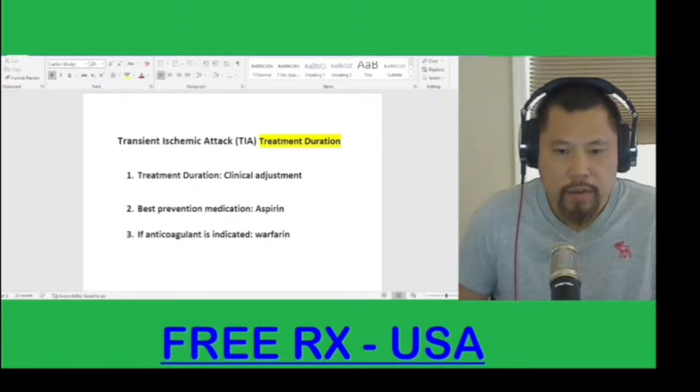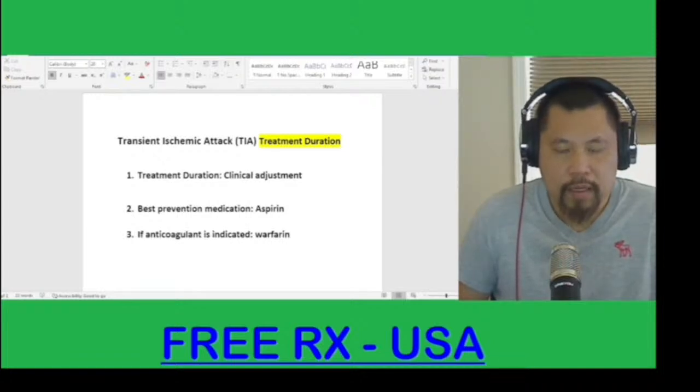You might need aspirin or anticoagulation. Your doctor will determine how long you have to be on either aspirin or warfarin.